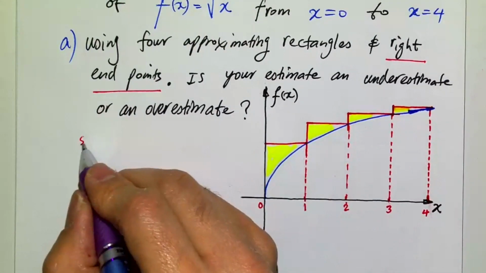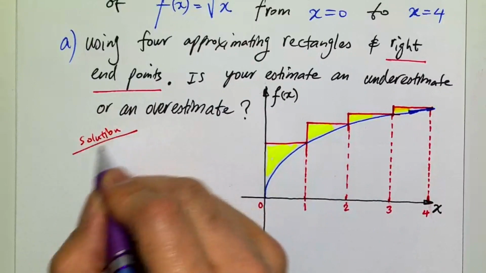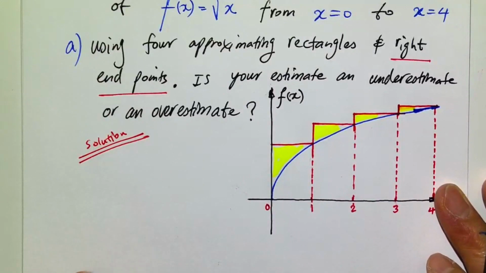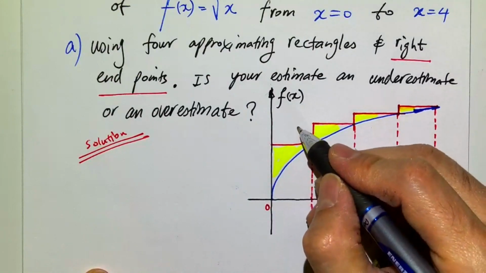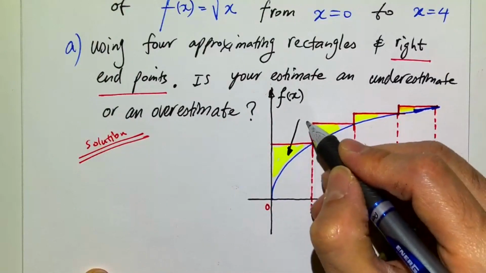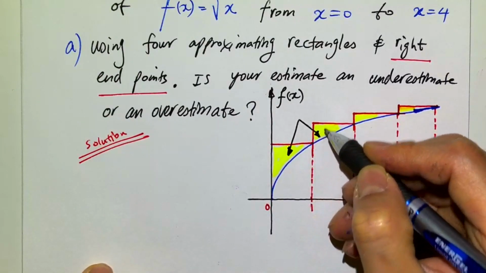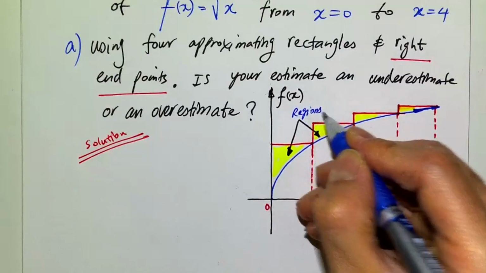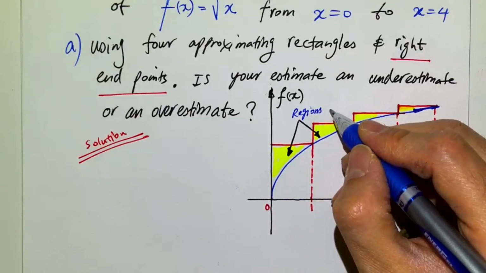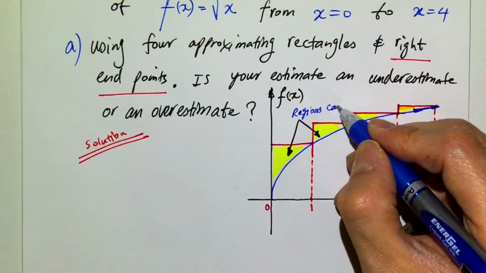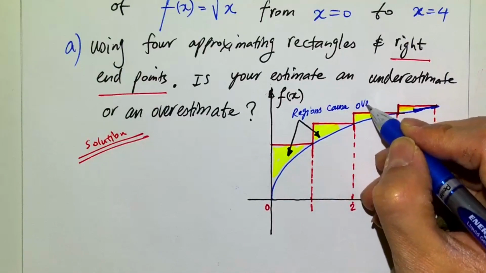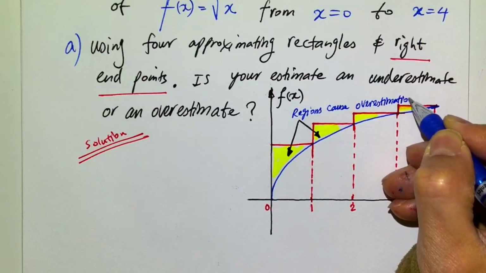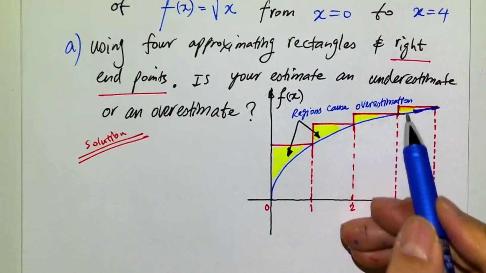Okay, so these regions cause overestimation. Like that. And of course these other ones too.